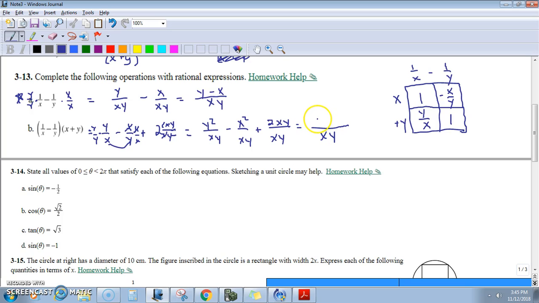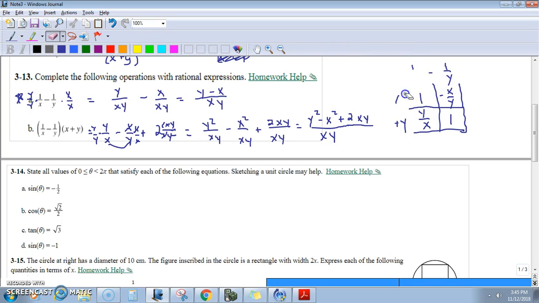Although I guess, let's see, y squared minus x squared plus 2xy. Yeah, I don't know that I've made it any nicer. So I'm just going to stop instead of doing anything else. I guess I could.